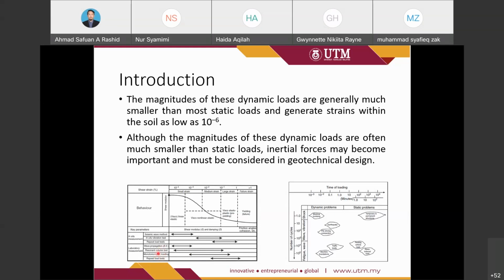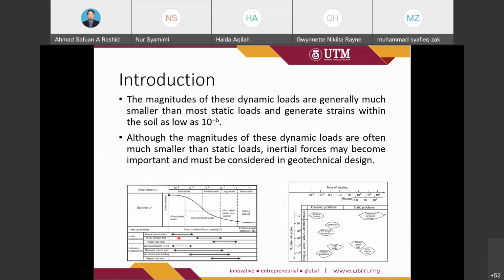So in our geotechnical lab, we have a bender element that can get the value for the small strain, and we also have a cyclic triaxial, and also a static, or the normal triaxial testing.